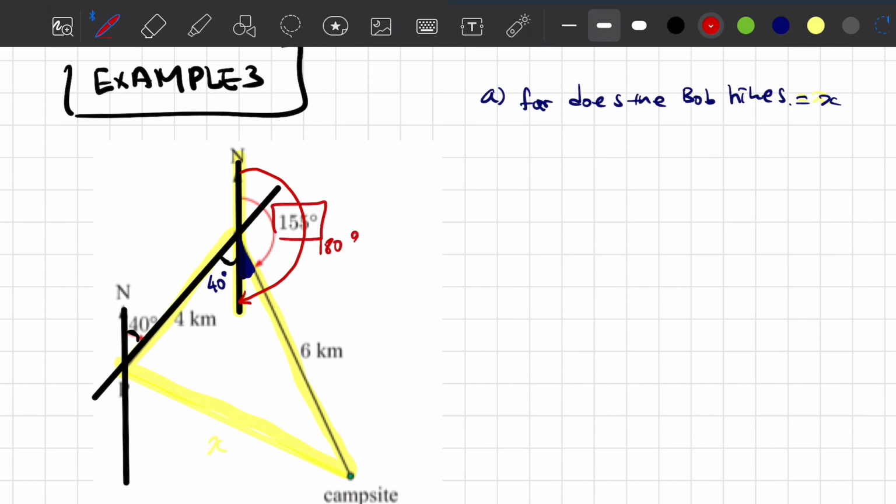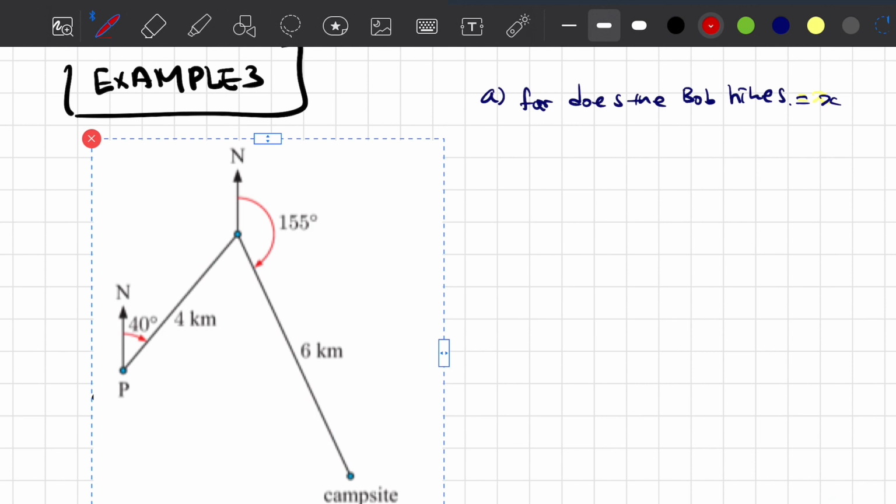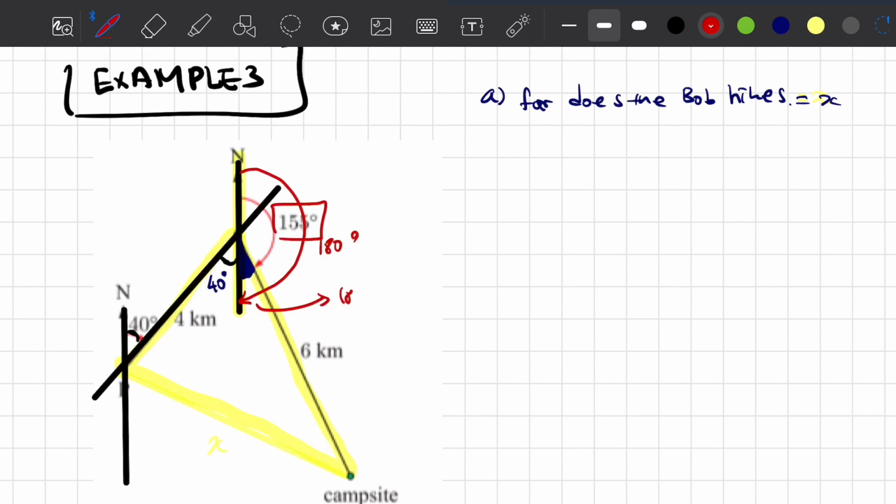Subtracting 155 degrees from 180 degrees gives us this blue angle. So 180 minus 155 is 25 degrees. That means the total angle here is 65 degrees.